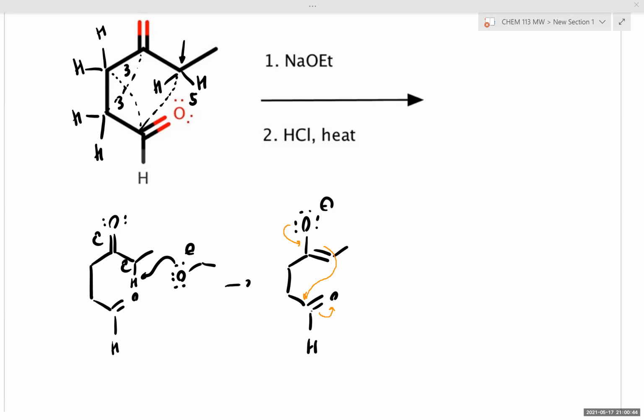And one thing to note is that this intramolecular reaction is highly favored because it's intramolecular rather than intermolecular. So your nucleophile and electrophile are held in close proximity.